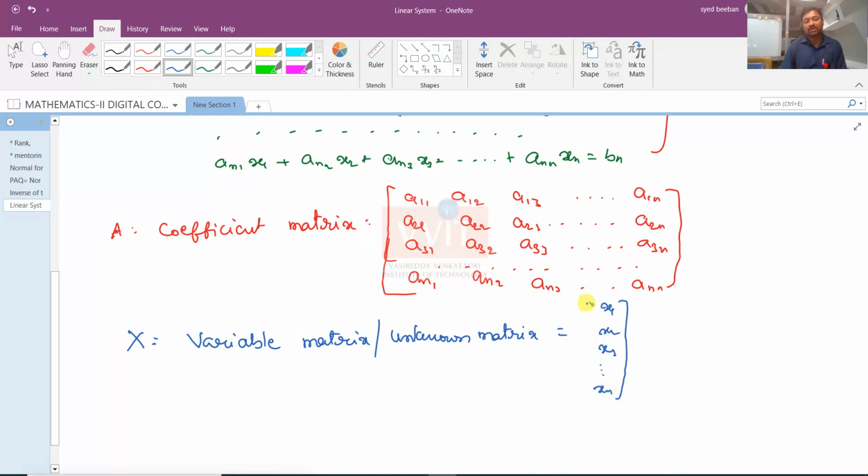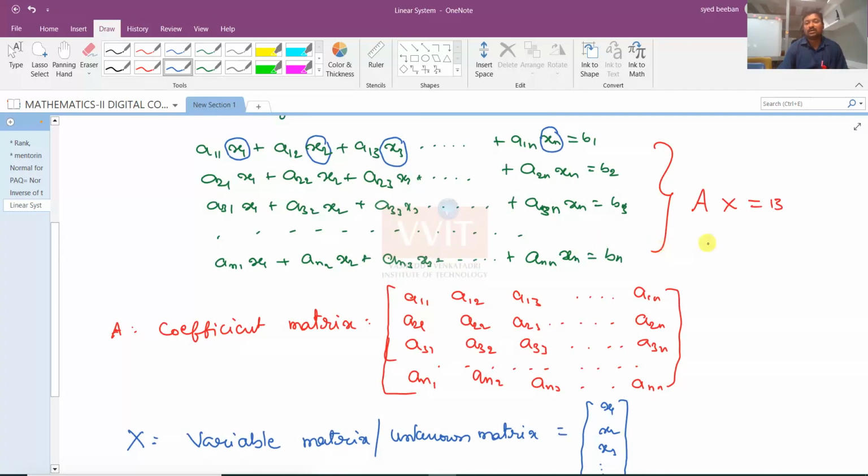This is clearly a column matrix or a vector. The reason is that the order of A is n by n, and the variable matrix is either 1 by n or n by 1 if you write. Suppose if I write 1 by n, the matrix multiplication does not exist. That's the reason I wrote n by 1. So n gets cancelled, and finally I get n by 1.